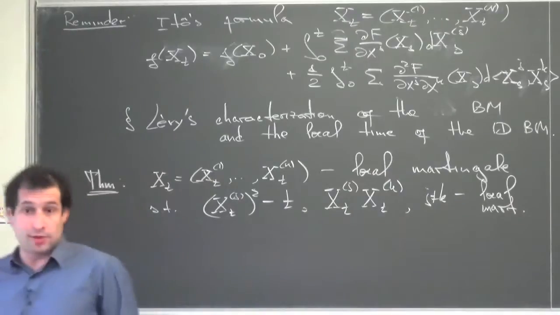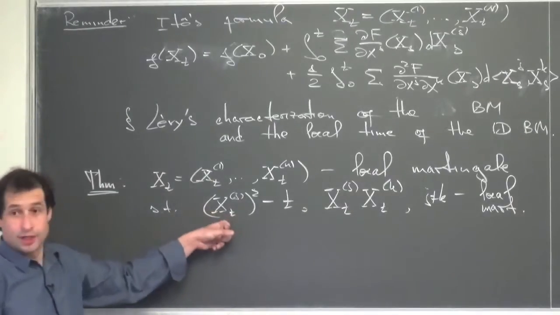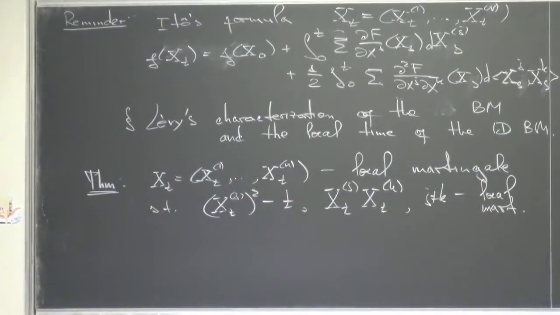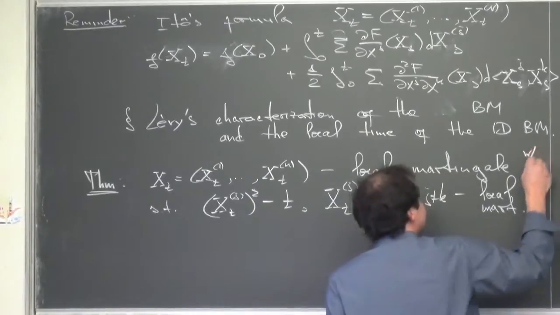Remember, this is exactly to say that the quadratic variation of this is t, and the bracket of these two is 0. Okay? And with continuous trajectories, as always.